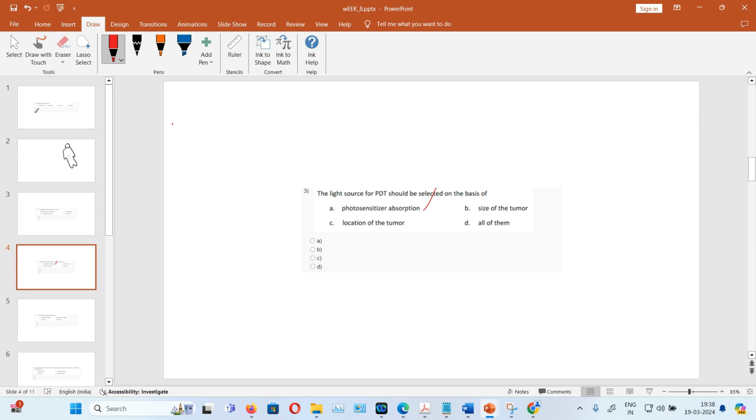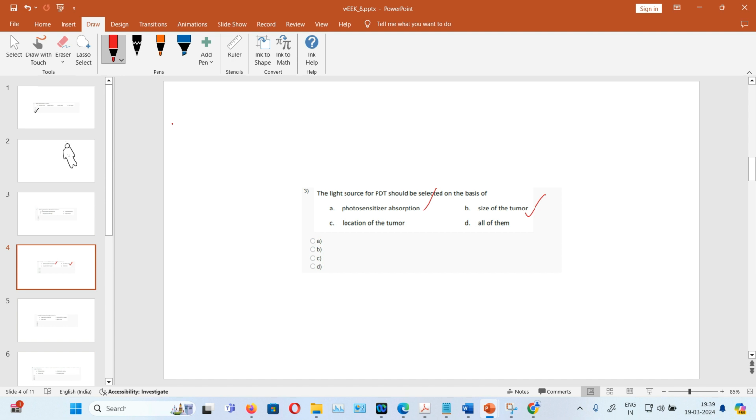Even though we say this light is non-harmful, there can be some side effects caused by these laser sources, because these are high-powered laser sources. So, to keep the exposure minimal to the tumor area only, the source area should be selected. So the size of the tumor can be one of the possible answers. But while you are seeing this, two answers are correct, as we can see directly.